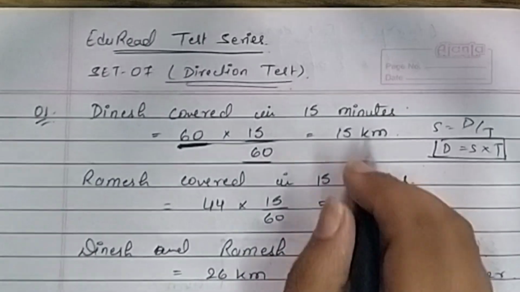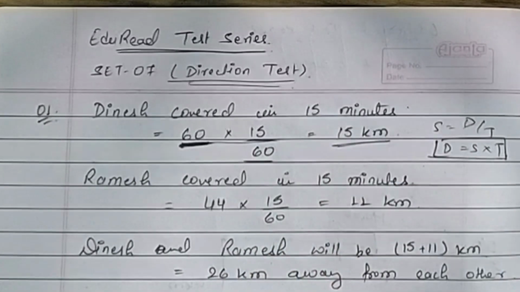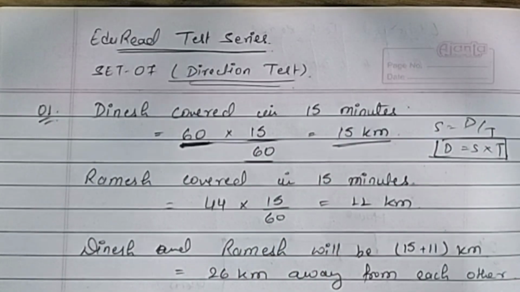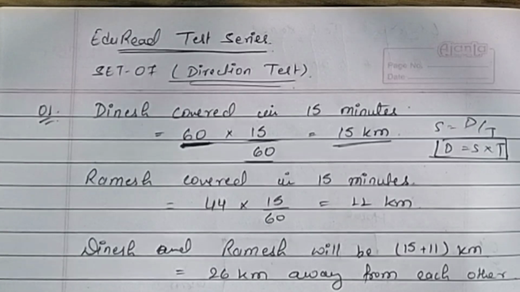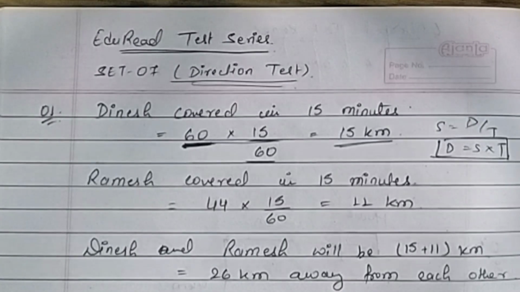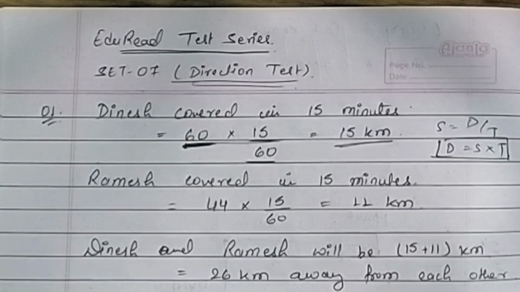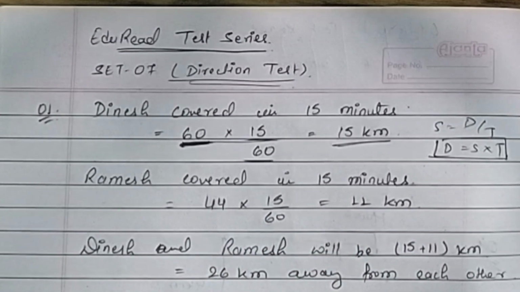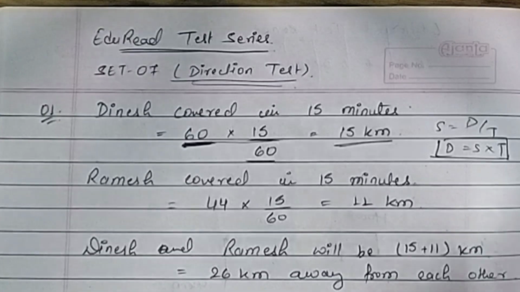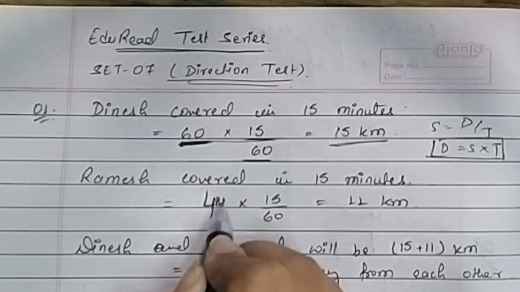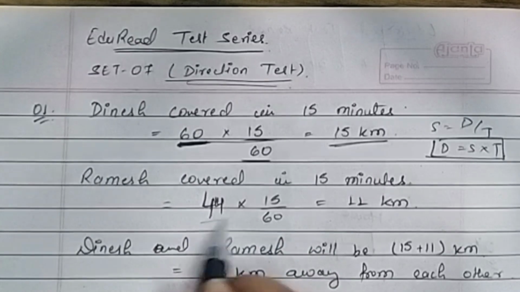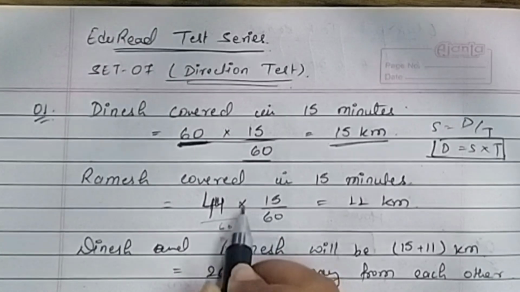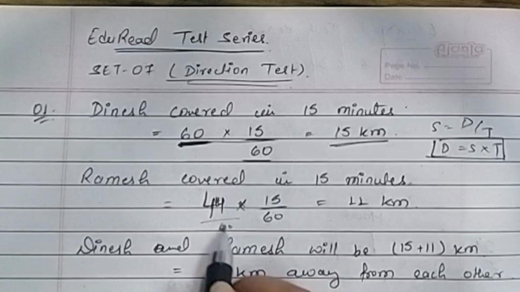So hence we will get that in 15 minutes with the speed of 60 kilometers per hour Dinesh covered 15 kilometers. Now Ramesh has a speed of 44 kilometers per hour. So by using that speed in 15 minutes Ramesh has covered basically 11 kilometers. How? 44 divided by 60 is multiplied by 15.